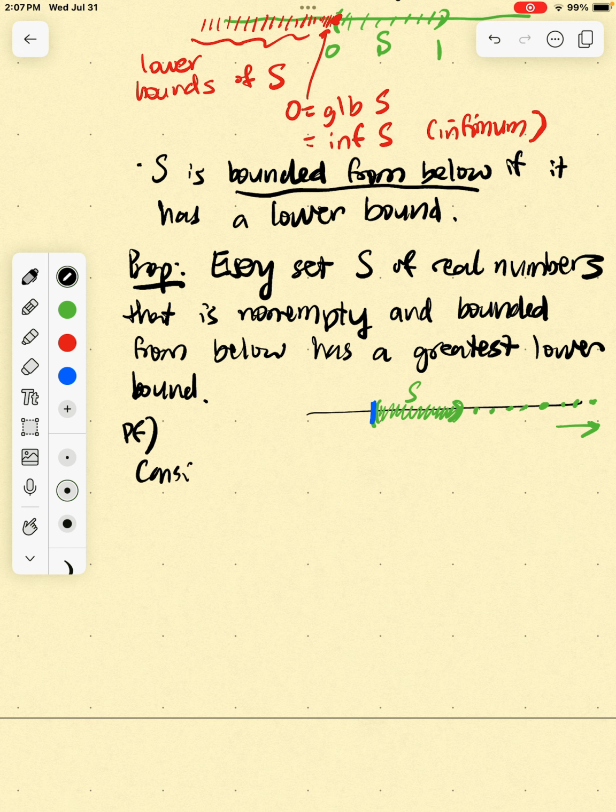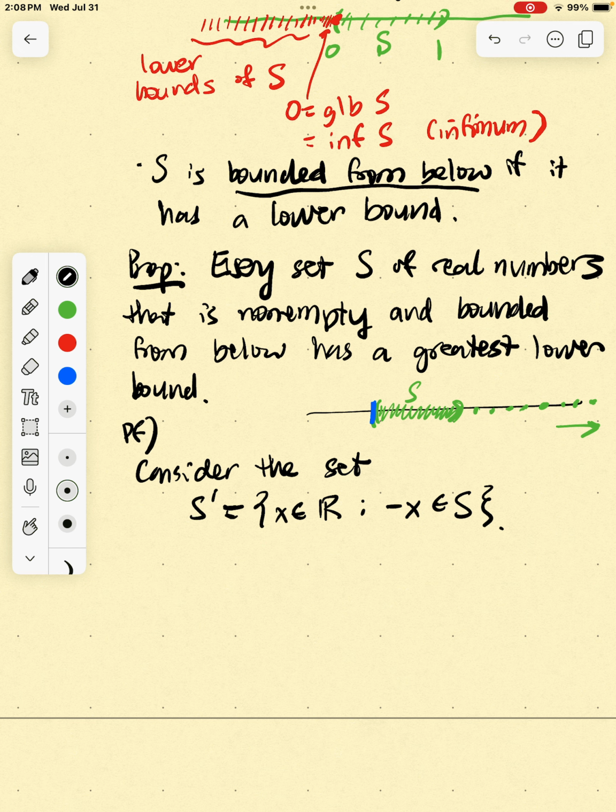So consider the set S prime, which is all real numbers x such that negative x is an element of S. In other words, these are just the numbers obtained by multiplying the elements of S by -1, right?